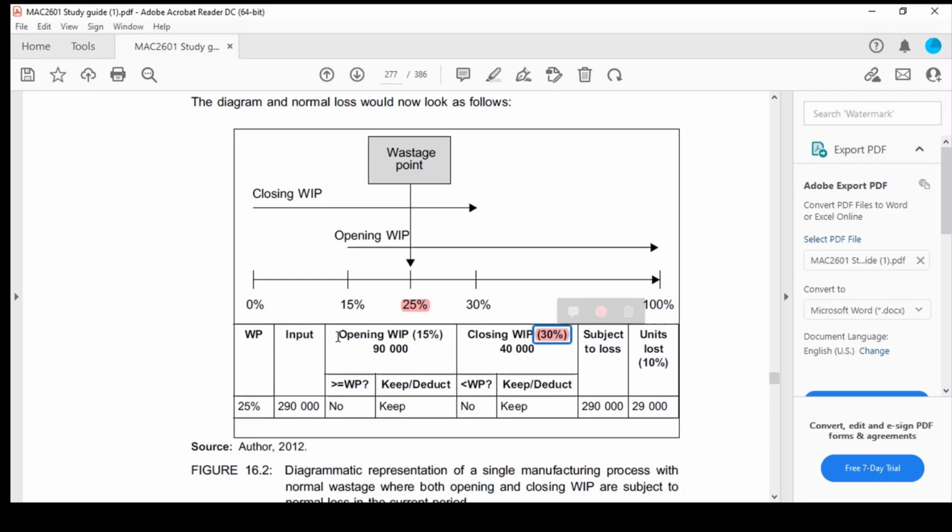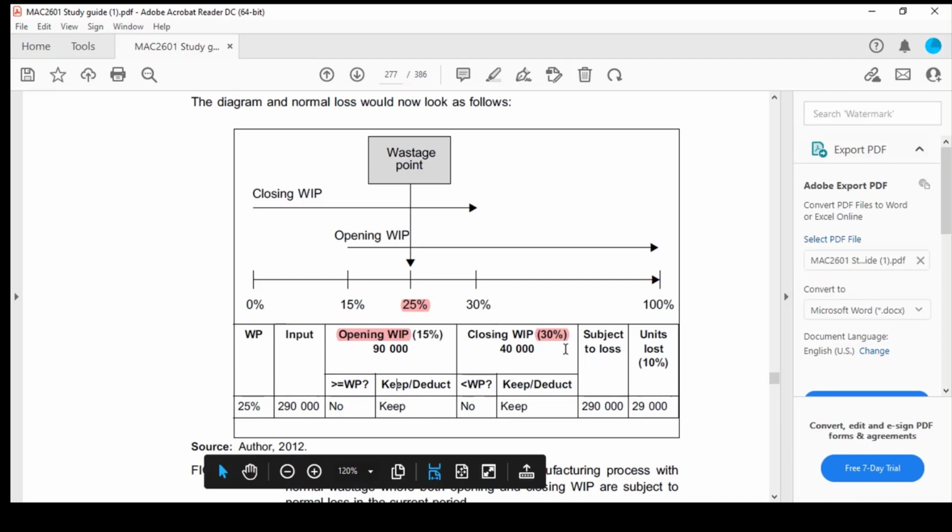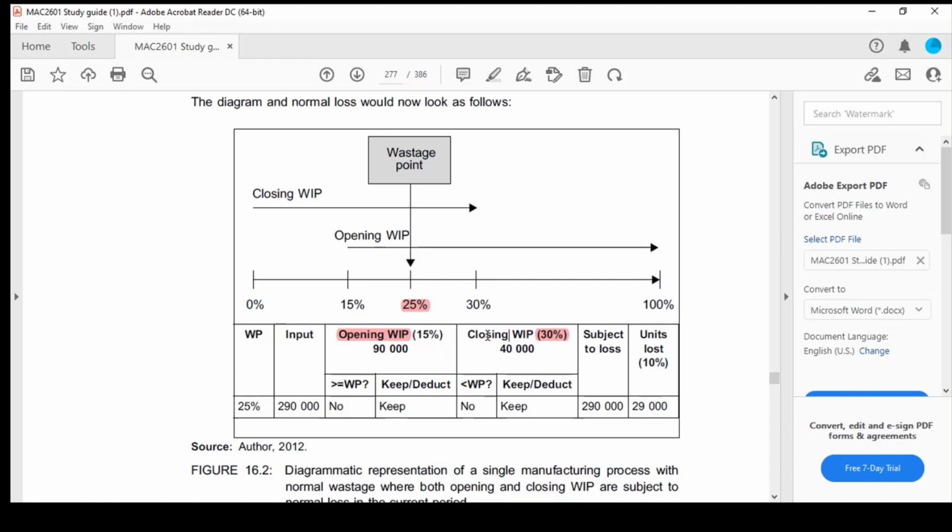But you understand the opening WIP portion. Yes, I understand the opening WIP clearly. So the trouble comes with the closing WIP. Yes. Even with the first two examples as well, I saw both the 30% and the 40% as past the wastage point. But we just kept the opening, and then we deducted the closing.